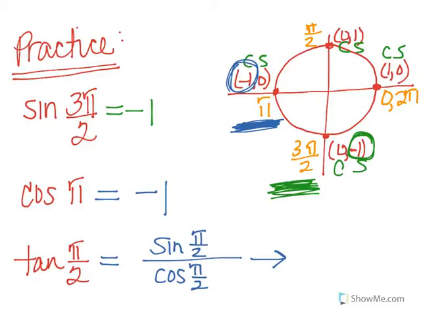So at pi over 2 radians, which is up here, the sine value is the y coordinate, which is 1. And the cosine value, which is the x coordinate, is 0. And if you remember from earlier in the year, this is actually another review topic that we had done. 0 in the denominator is called undefined. So the final answer here is really undefined.